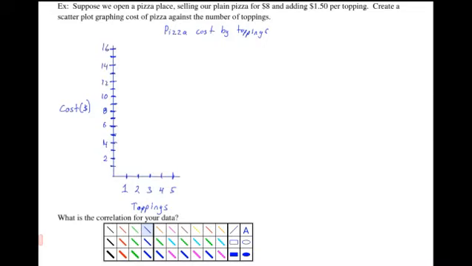So if there's 0 toppings, we know the pizza is going to be $8. And you add $1.50 for every topping. So it would be $9.50 for 1 topping. It would be $11 for 2 toppings. $12.50 for 3 toppings.